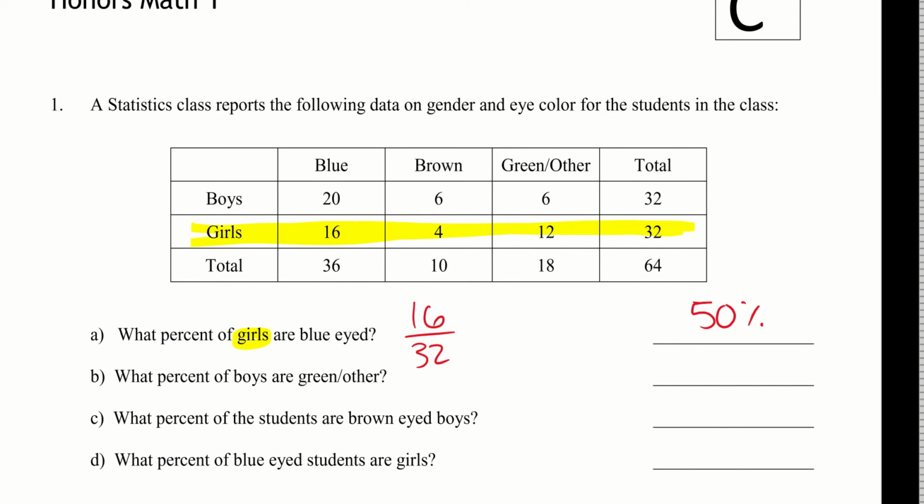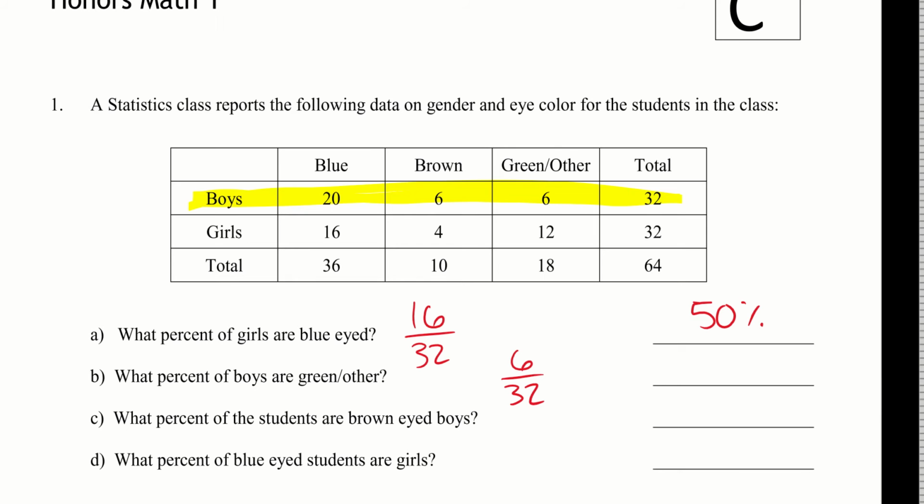The next one says, what percent of boys are green/other? In this case we're asked to focus on just the boys. So we're looking at this row of boys, and it says what percent of the boys are green/other. There's actually an equal number of boys, 32 boys also, but only 6 of them out of the 32 had green/other.